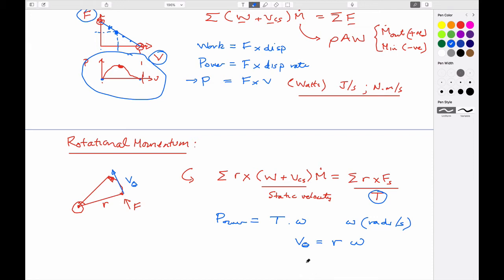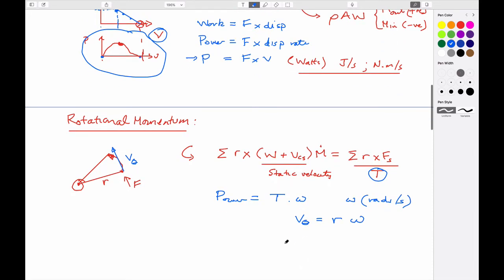And we can always convert between magnitudes of radians a second and magnitudes of revolutions per second just by noting that there are 2 pi radians on the circumference of a circle.